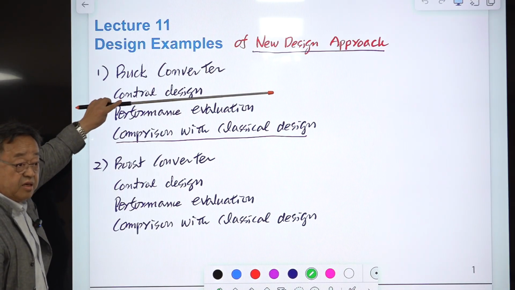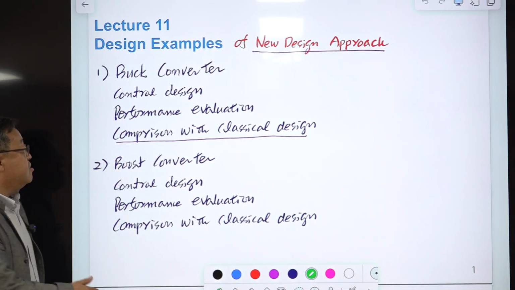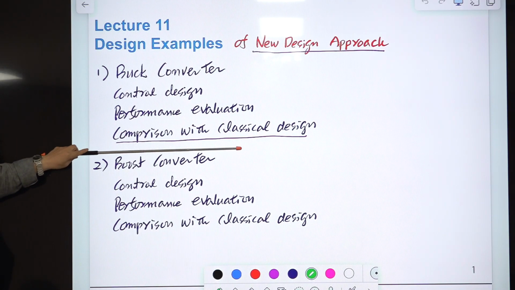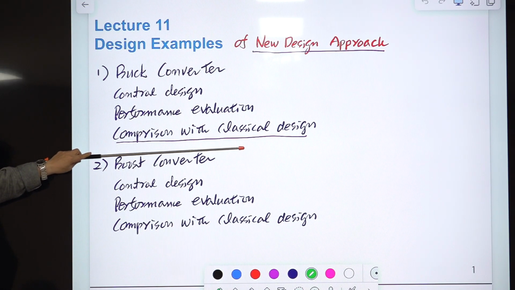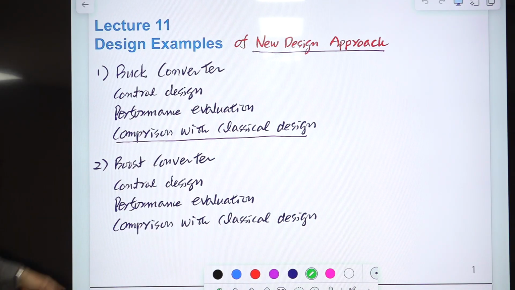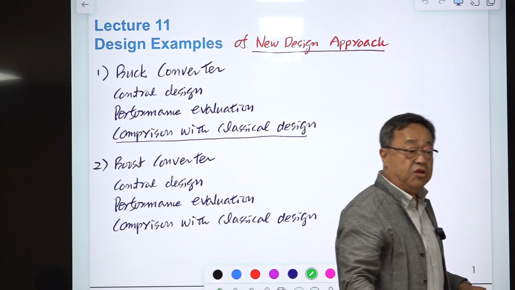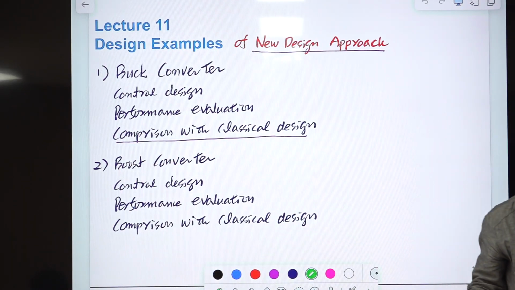Okay, so we designed this buck converter and boost converter based on the classical technique. In the classical method, we just ignored the sampling effect, and now the sampling effect is reflected, smeared here, in the form of a double pole at half the switching frequency in the control-to-output transfer function, right?